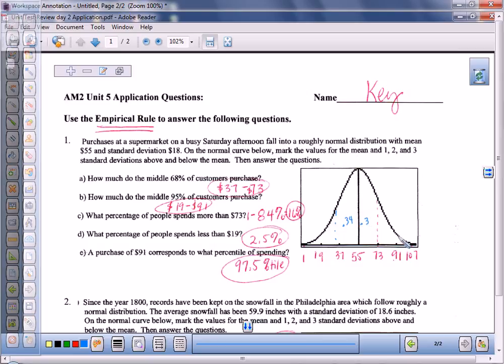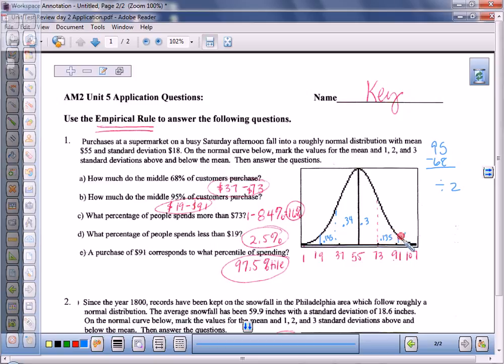Okay, the next out would be the 95 minus the 68 divided by 2. So that would give me 0.135 here and 0.135 here.